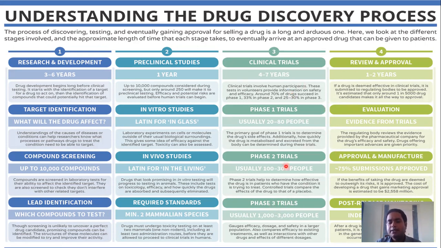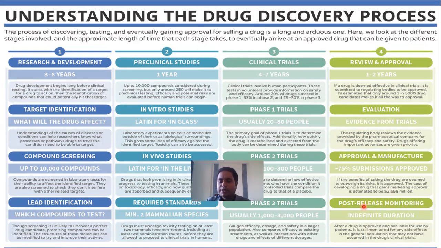After the completion of phase 3 trials, a review and approval process will take place. The review and approval process consists of the evaluation of the drug, approval and manufacture of the drug, and the post-release monitoring. Here the pharmacovigilance study plays a role.